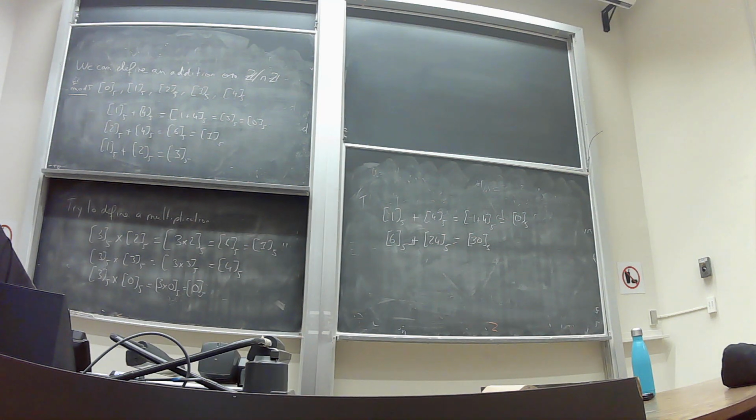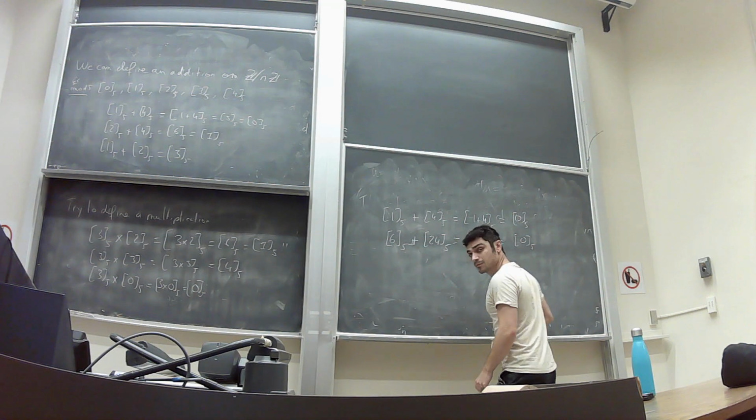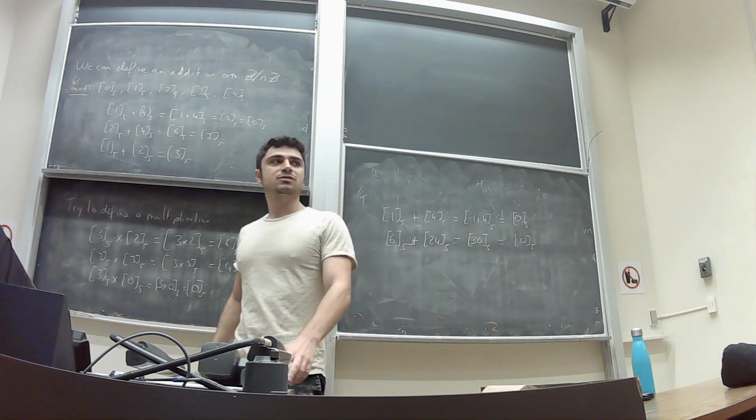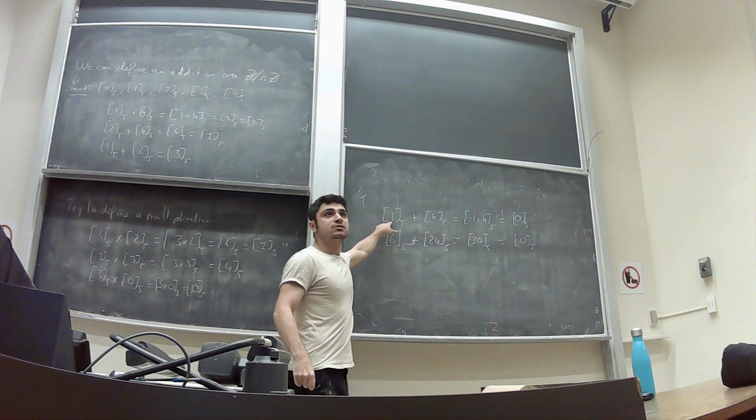But is it a problem? Why? When you take mod 5, it goes away. It's still the class of 0 mod 5. Okay, so you have to show that your operation does not depend on the element that you choose to represent your class.